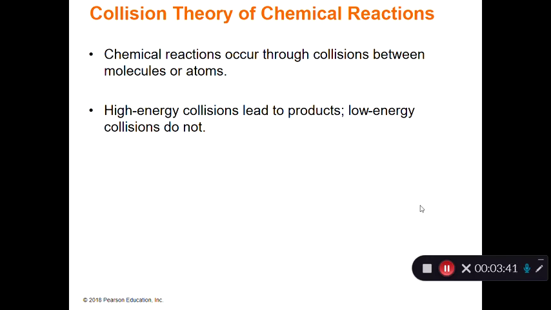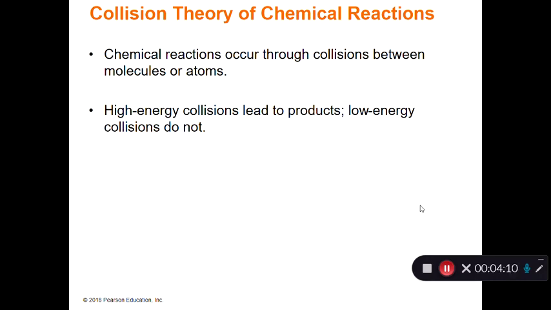After collisions, they make new bonds and make products. If we don't have enough collisions, it takes a longer time to see our products. Collisions help us have a faster rate for chemical reactions.